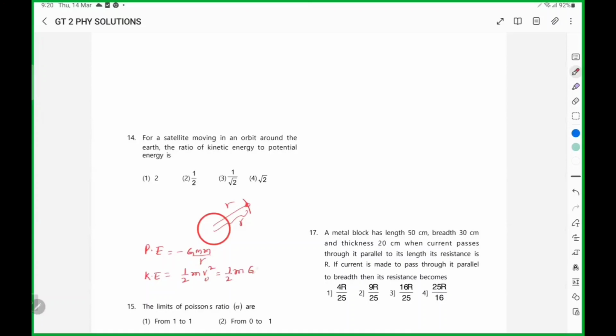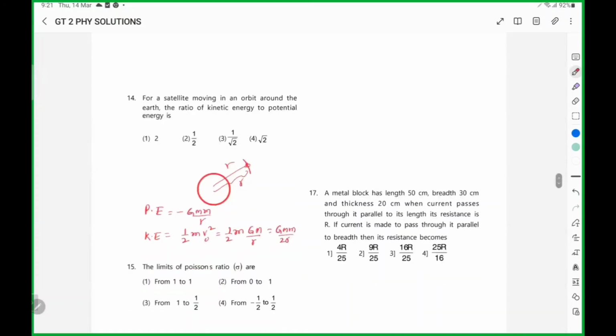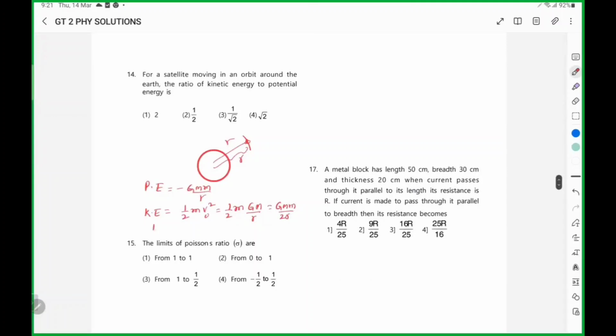Orbital velocity is root GM by r. Right. So v square is GM by r. Here it is GMm by 2r. So kinetic energy to potential energy magnitude wise, half it is.